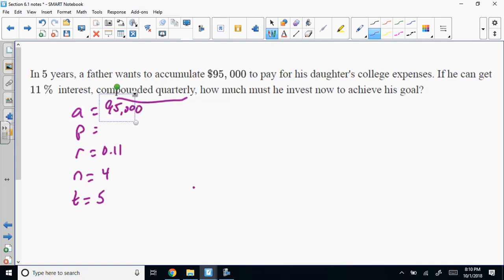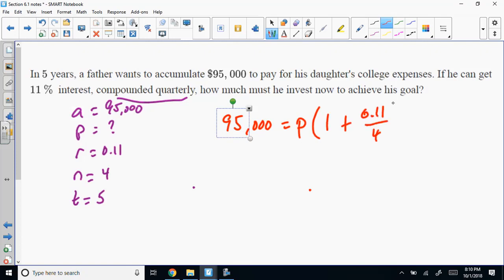Now, we're trying to find out how much he has to put in, right? 95,000 equals P times 1 plus 0.11 over 4, raised to 4 times 5, which is 20. I'll just put the 20 there, since 20 is N times T. So what you're going to do is take this and move it over here.